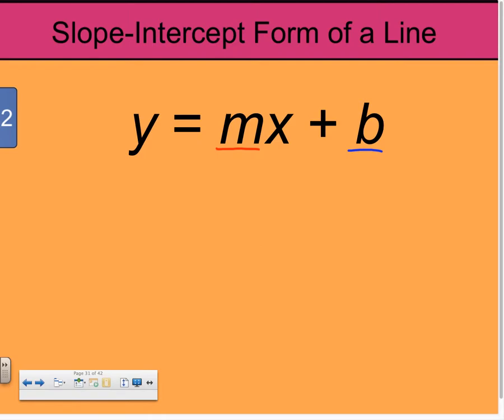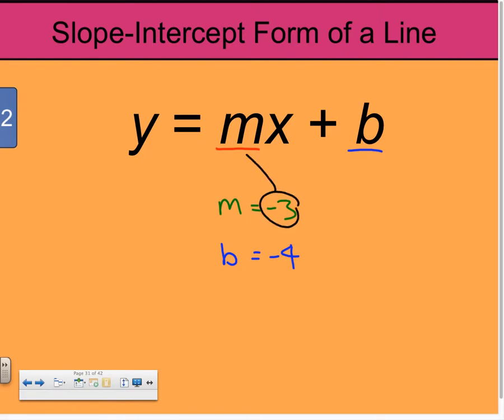Example 2 says we have a slope of -3, so that means m is -3, and a y-intercept of -4, so that means b is -4. So how do I put that into an equation? Where am I going to put the -3?